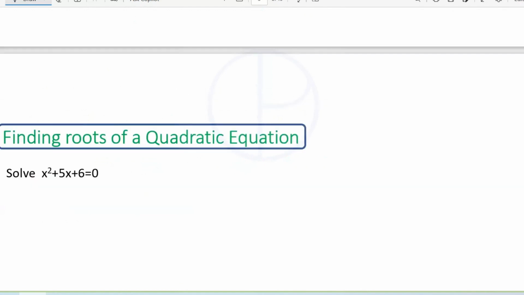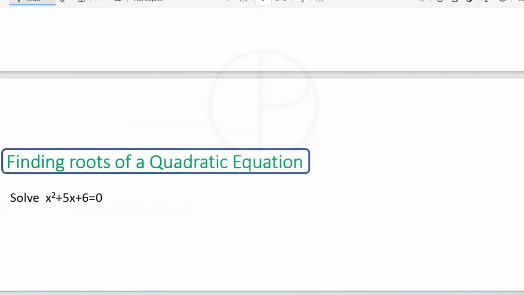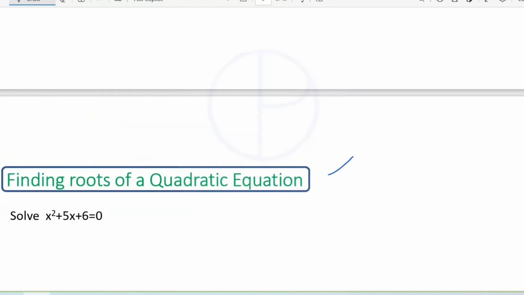Next, finding roots of a quadratic equation. To find roots of a quadratic equation, we have three methods. One is by factorizing. Next is by using quadratic formula.